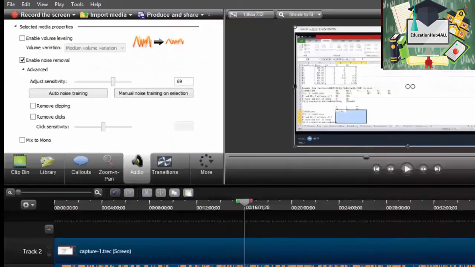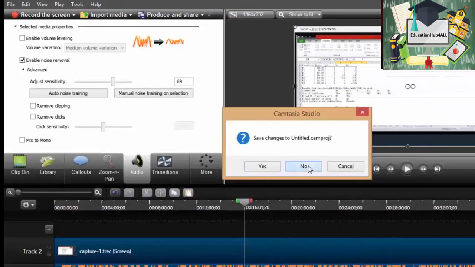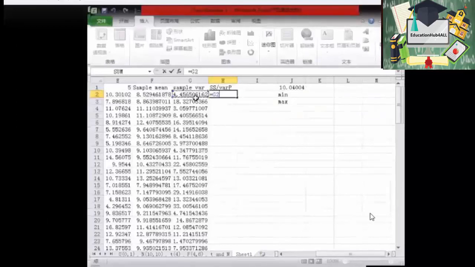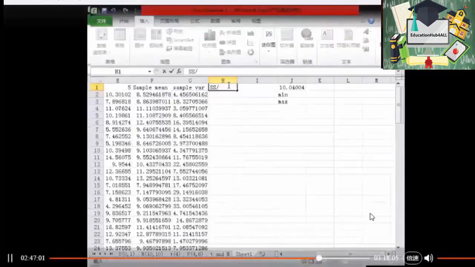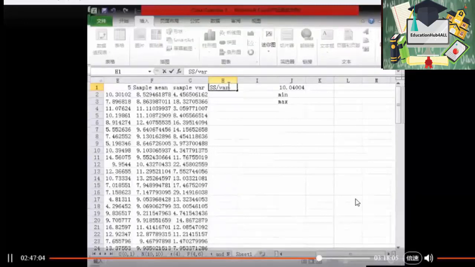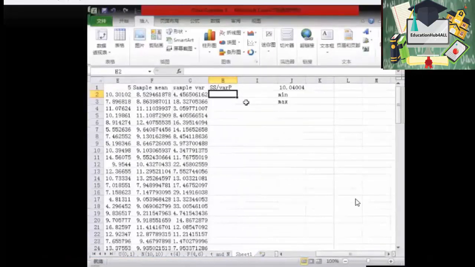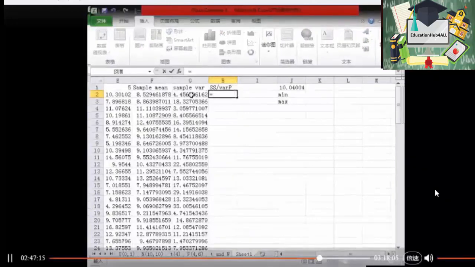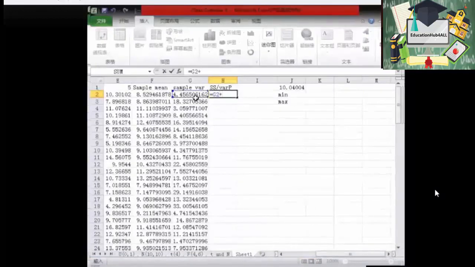Okay, what's the sum of squares? Sum of squares is actually the sample variance multiplied by the degrees of freedom.